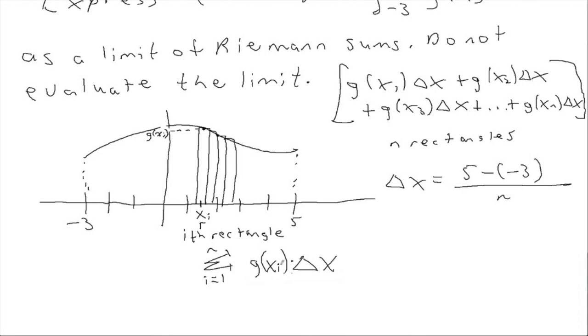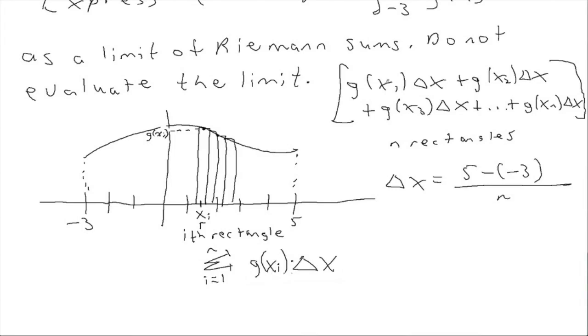Do you see how this expression now makes sense? This is a mathematician's shorthand for saying, first add g of x1 times delta x, then add g of x2 times delta x, then add g of x3 times delta x, then g of x4 times delta x, and keep going until finally you add g of xn times delta x.